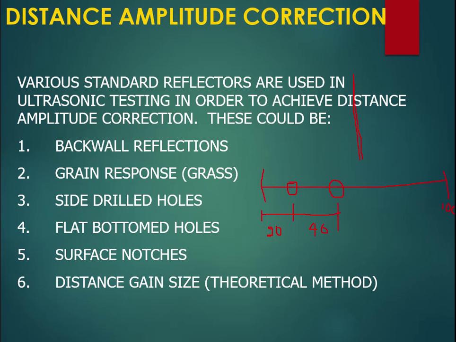So the reflection from the first discontinuity is greater than the reflection from the second discontinuity. The energy reflected from this point is less than the energy reflected from the first, even though the discontinuity size is the same.